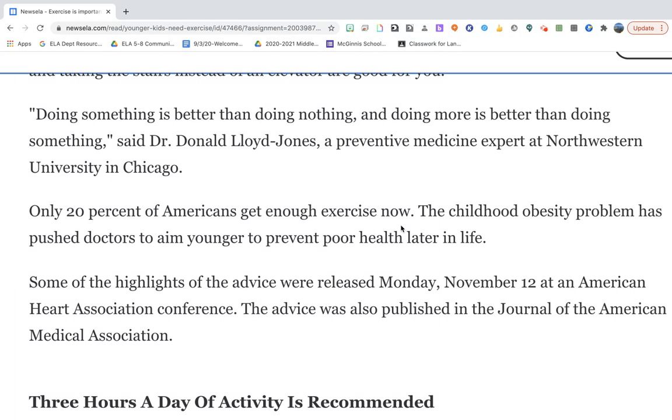The childhood obesity problem has pushed doctors to aim younger to prevent poor health later in life. So there are actually 3 different reasons I can use in those 2 sentences. What's one of them? Again, we're using these 2 sentences here. Let me make it bigger so you can see. Obesity means fat, just in case you didn't know that. So what's one of the reasons I could take from these 2 sentences? That is one reason I could use.